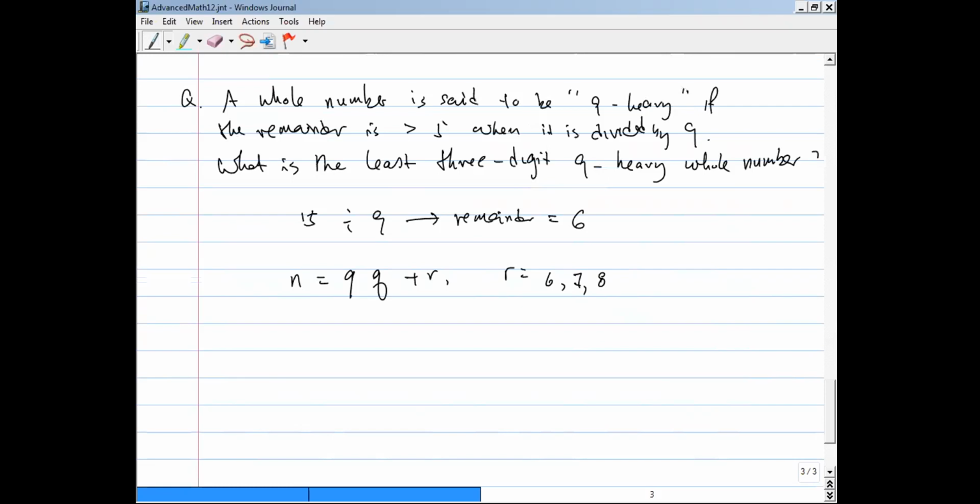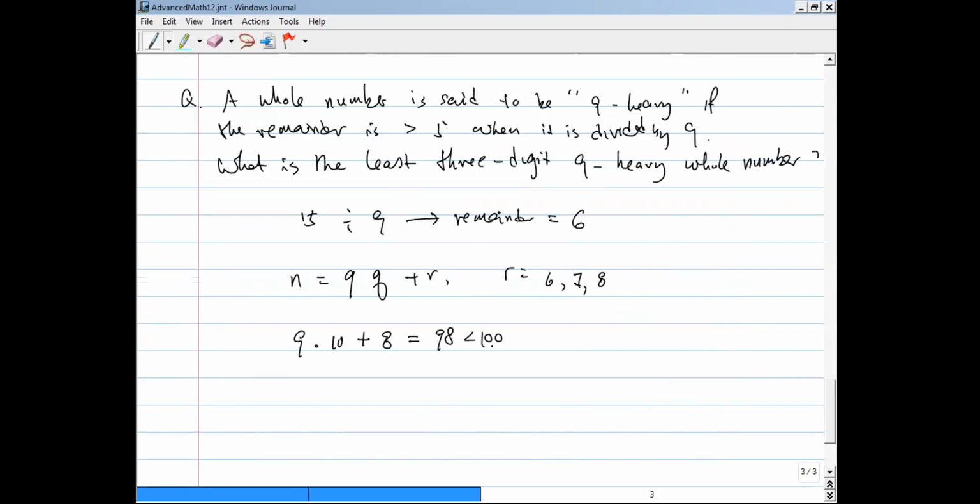It must be a 3-digit number. The remainder is going to be either 6, 7, or 8 when you divide by 9, right? So I know that 9 times 10 plus 8 is going to be 98, which is less than 100.